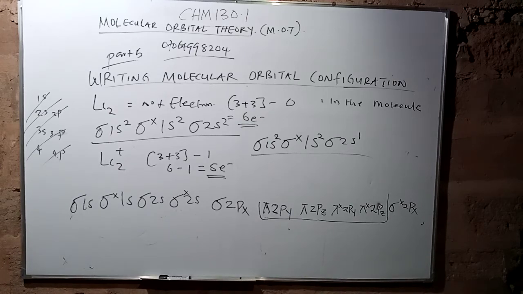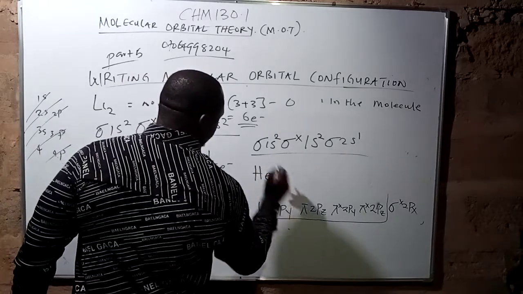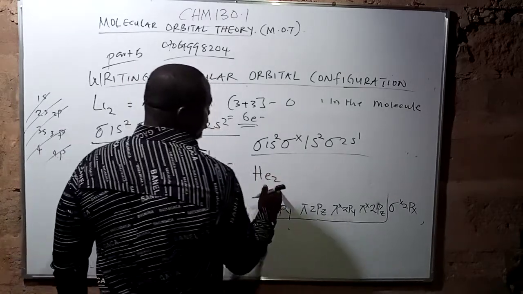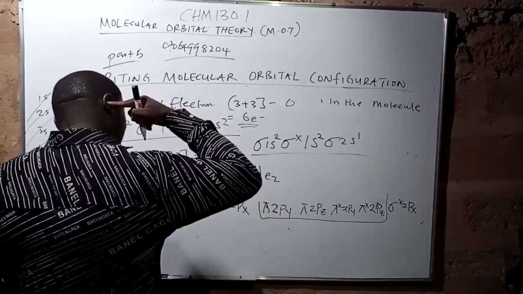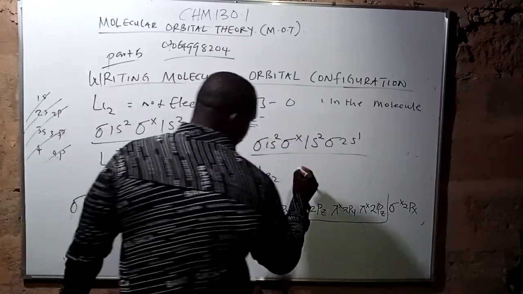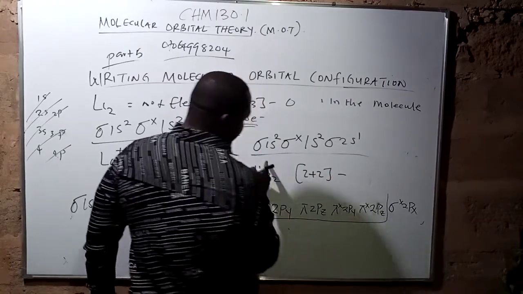Now, I want to do more, like whenever you check your textbook, you start understanding that this is so easy. What about if I ask you to do that of the helium? Helium is 2. So for you to get the electrons, the atomic number of helium is 2, right? So 2 plus 2, minus, is there any charge here?